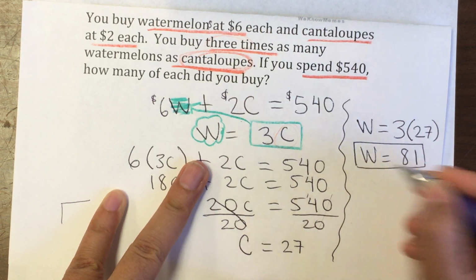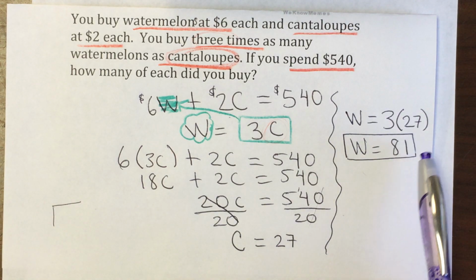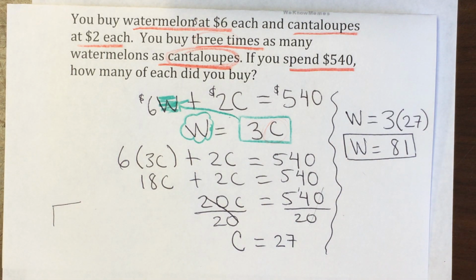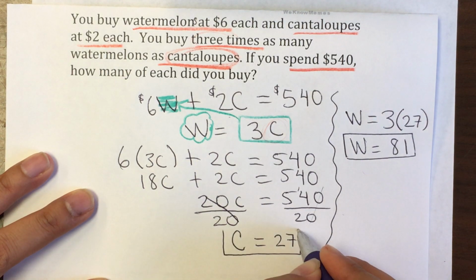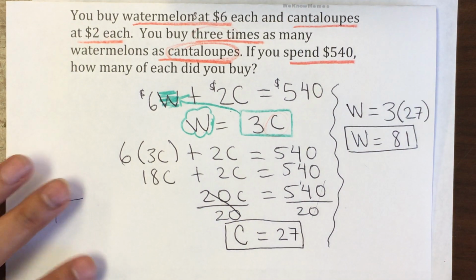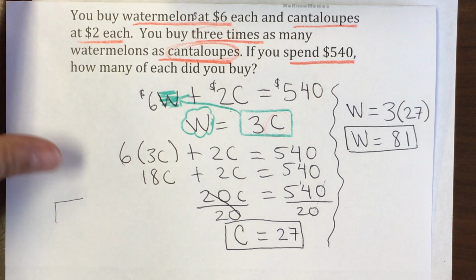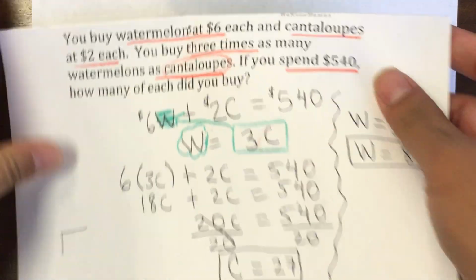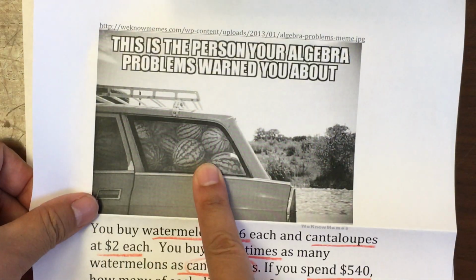So 81 watermelons. Wow. 27 cantaloupes and 81 watermelons. So I need probably something bigger than this to be able to carry them.